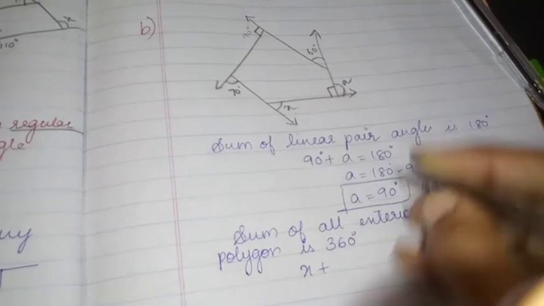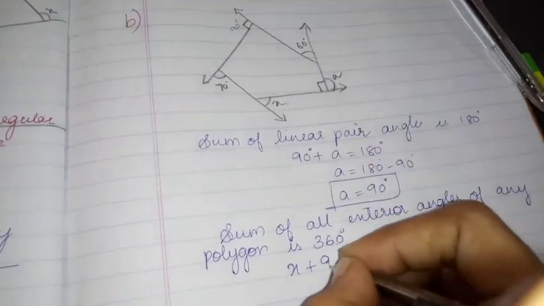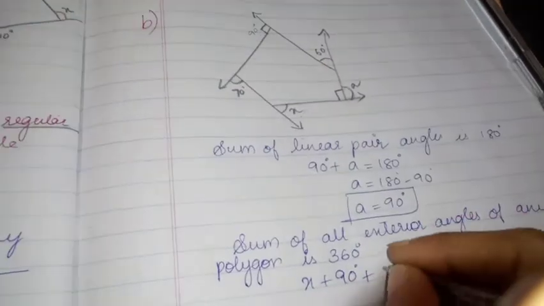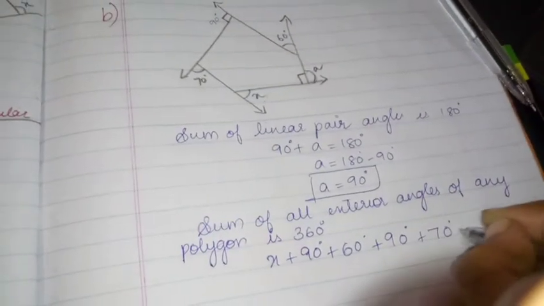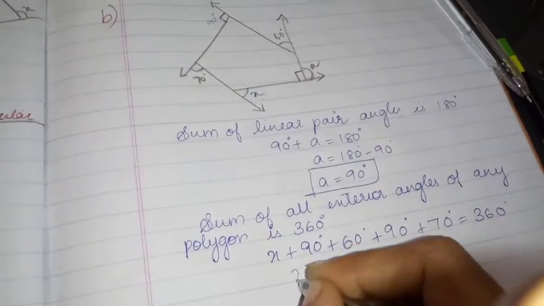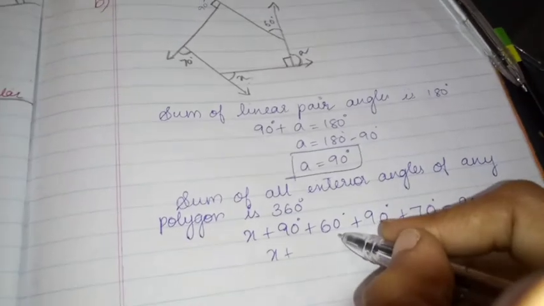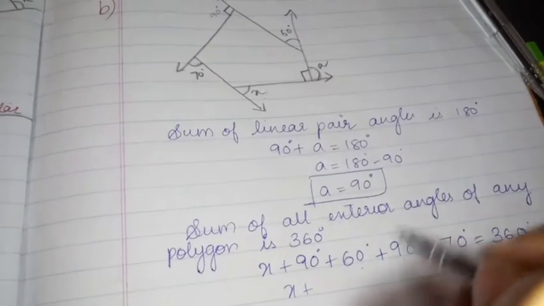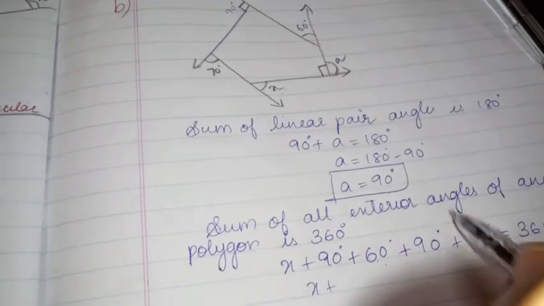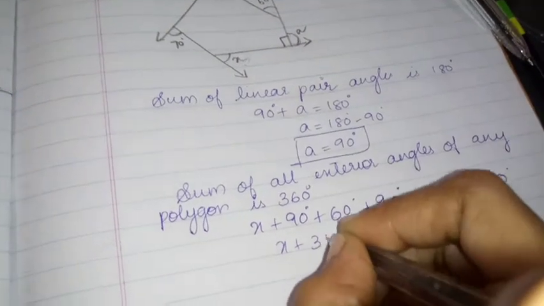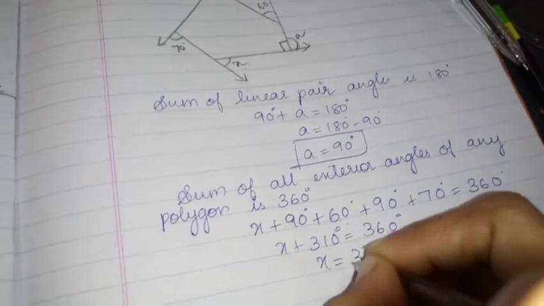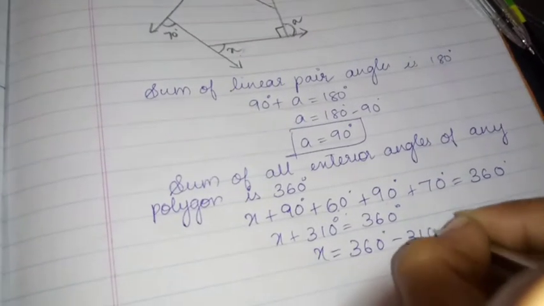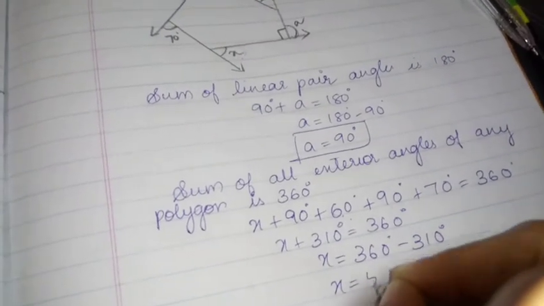Yes. x plus A value, which is 90, plus 60 plus 90 plus 70 equal to 360. x plus 90 plus 60, 90 plus 90 is 180, 180 plus 60 is 240, 310 equal to 360. x is equal to 360 minus 310, x is equal to 50 degrees.